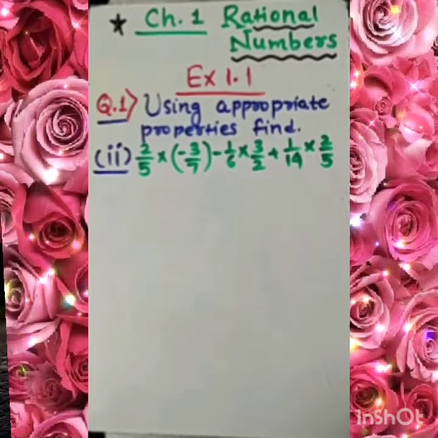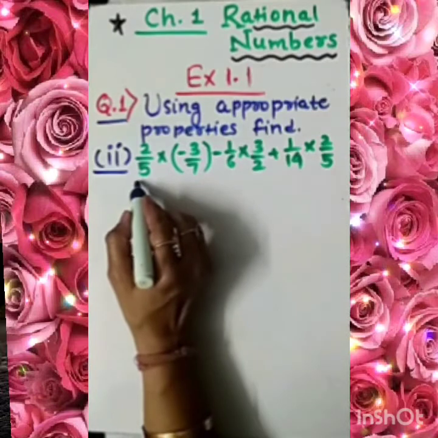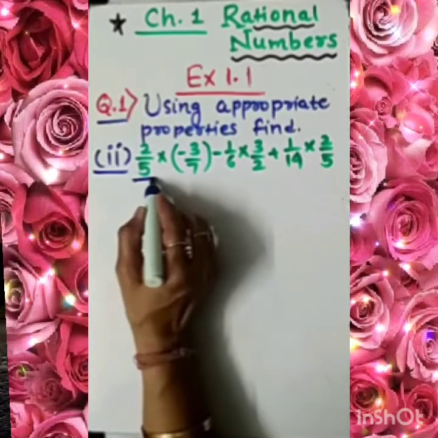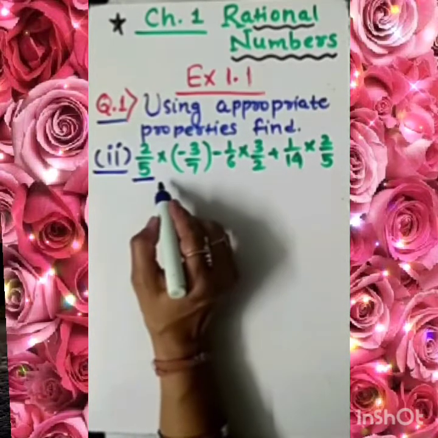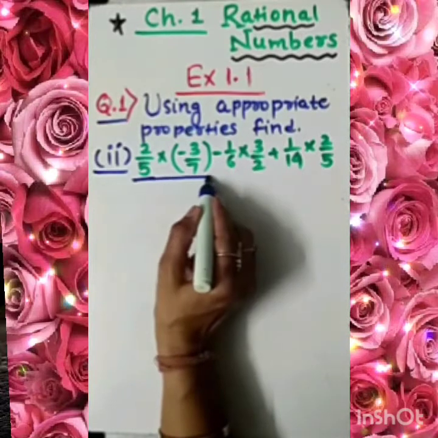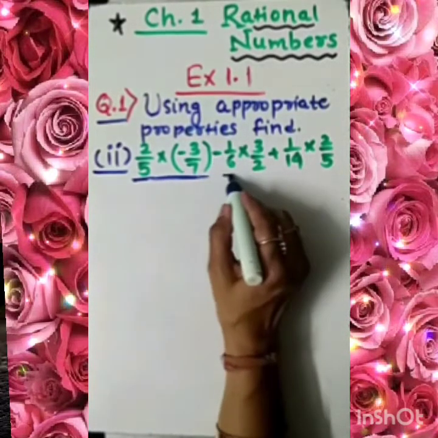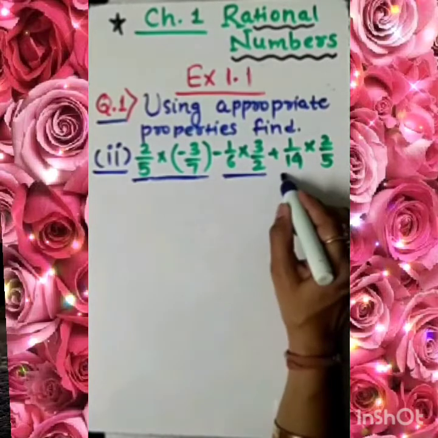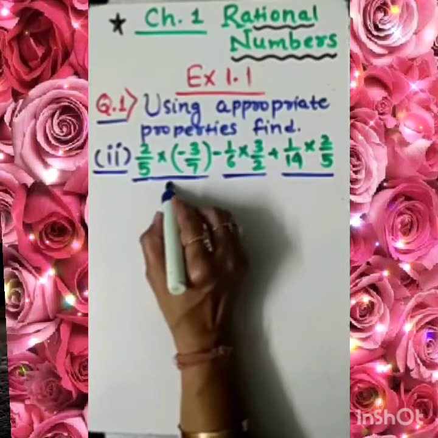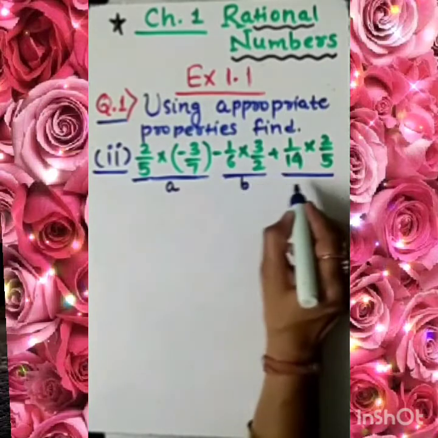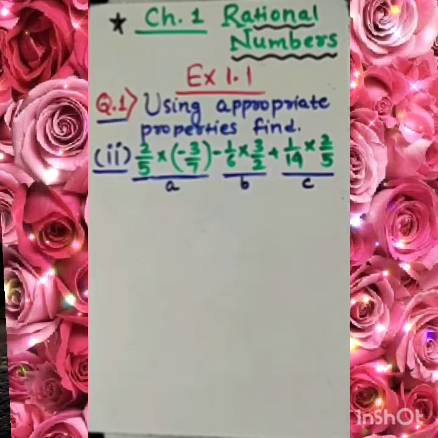First we need to separate the terms, and terms can be separated with the plus or minus sign. So of course you can see this is the full complete sum. Here it is minus, this is the second term, and of course this is the third term. Let me call them small a, small b, and small c for your better understanding.